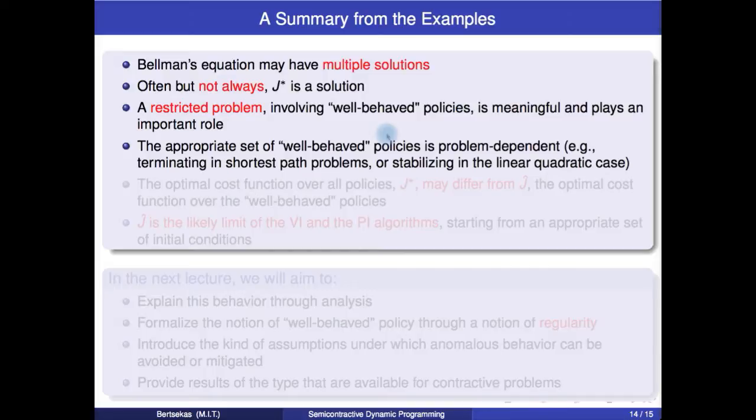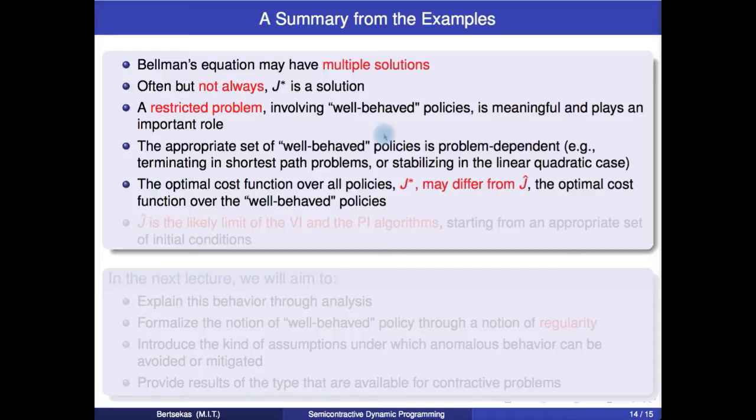Generally speaking, we will see that well-behaved policies are the ones that behave well with respect to value iteration. Their cost function can be obtained by value iteration using the corresponding Bellman equation mapping. The J hat, the optimal cost over the well-behaved policies, may be different than J star.